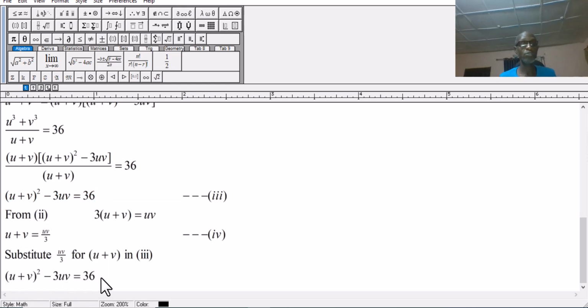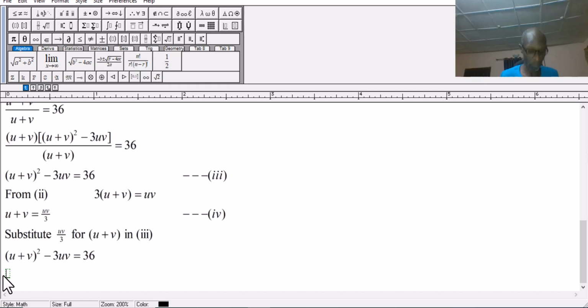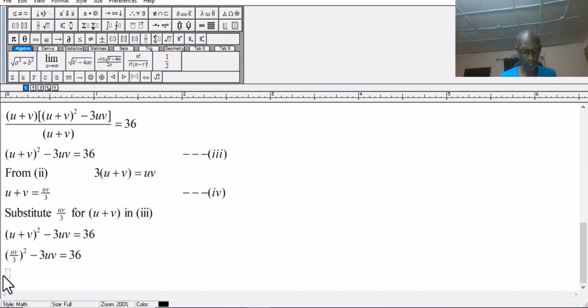So I want to substitute that. Anywhere I see u plus v, I will now just write uv over 3 all squared minus 3uv equals 36. So what we have now is uv all squared over 9 minus 3uv is equal to 36.